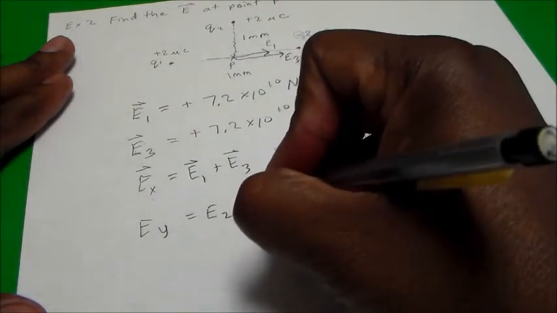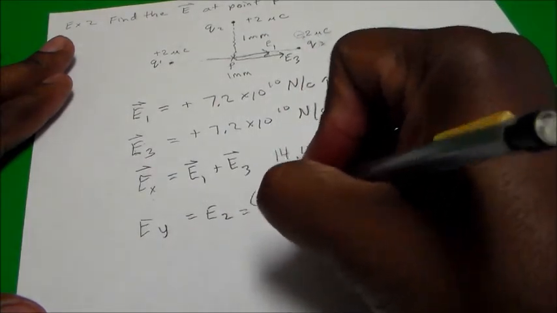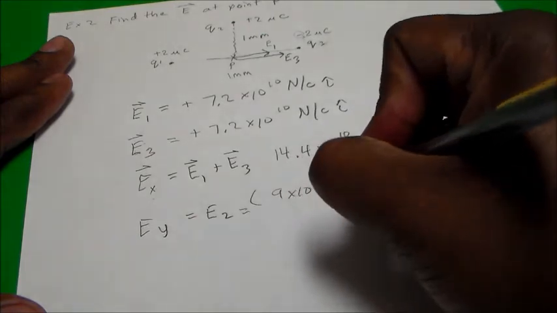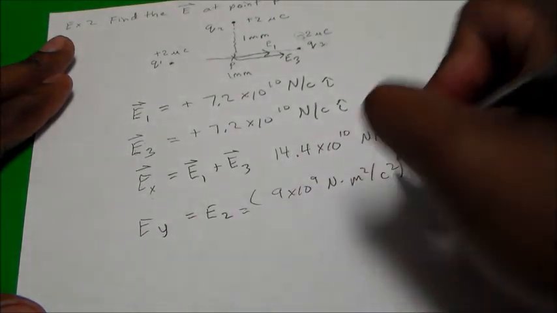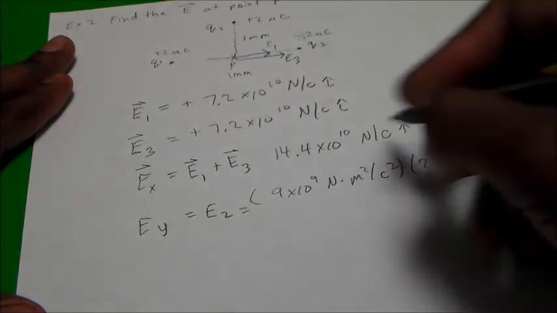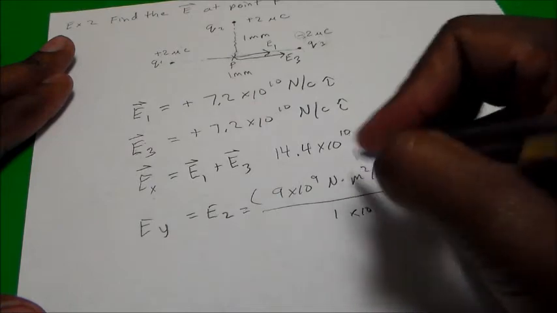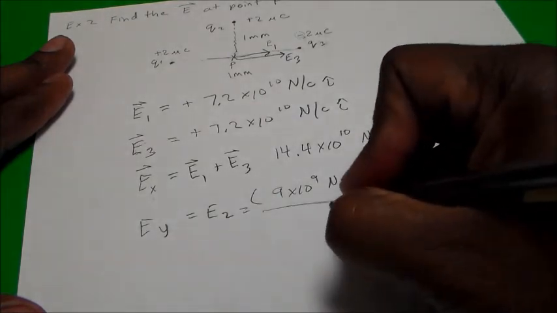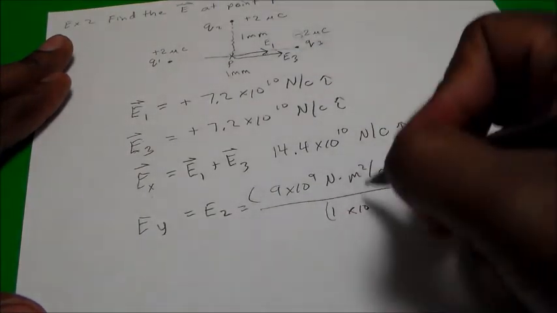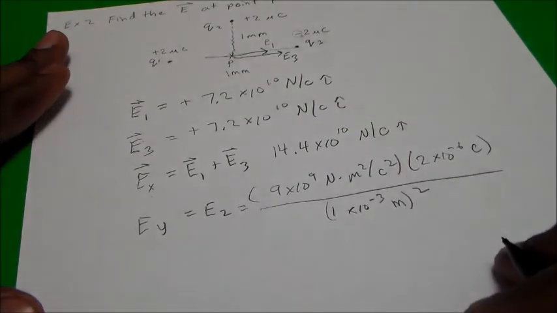E2 then is equal to 9 times 10 to the 9th newton meters squared per coulomb squared, times 2 times 10 to the minus 6 coulombs, divided by 1 times 10 to the minus 3 meters, because it's 1 millimeter, and that's going to be squared.